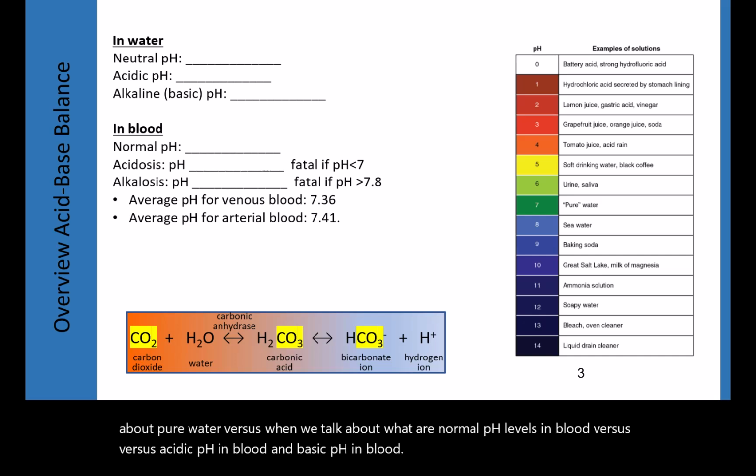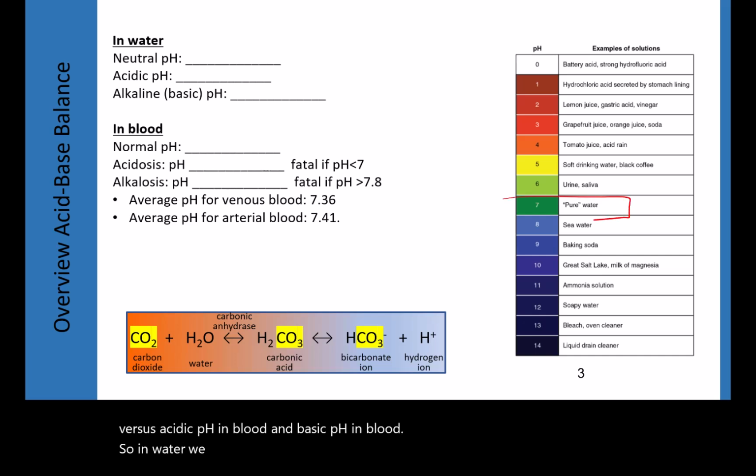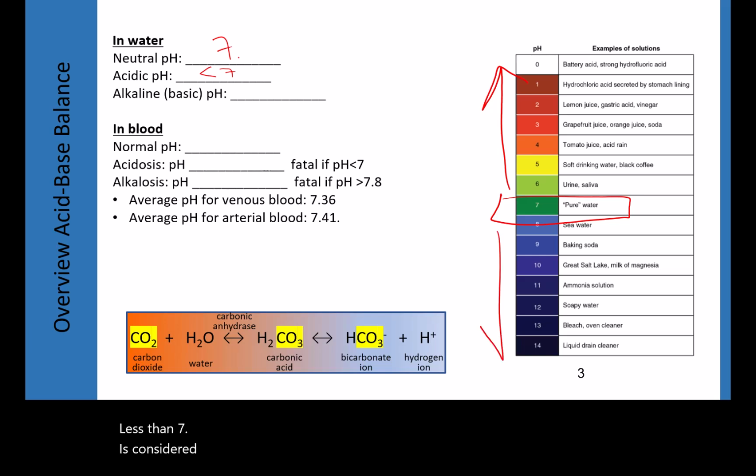So in water, we all know that pure water, neutral pH is 7, and everything less than 7 is considered acidic, and anything greater than 7 is considered basic.